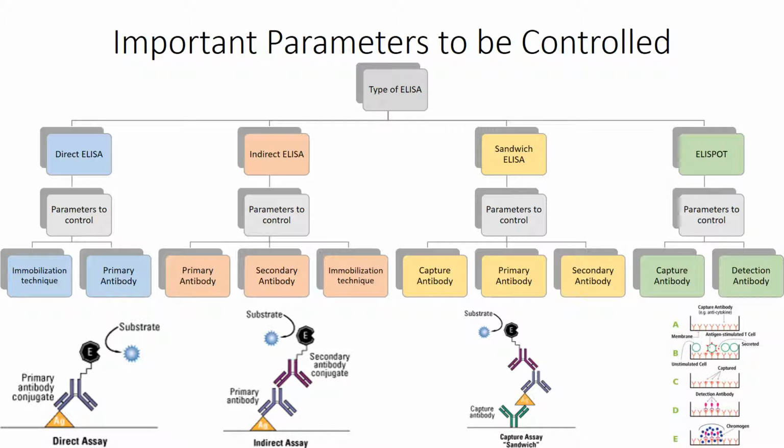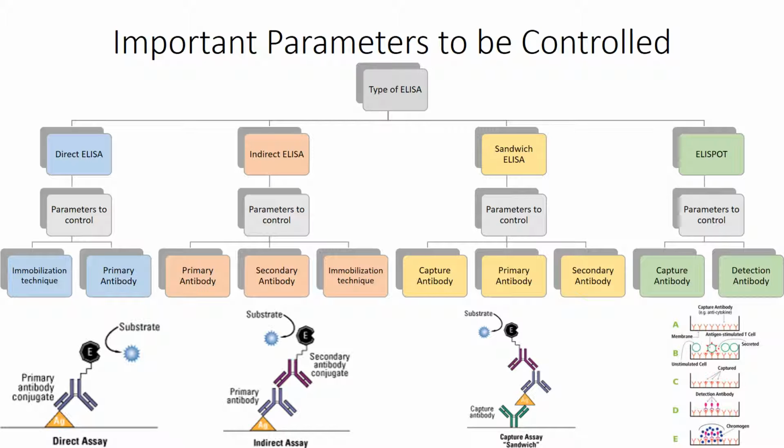Any non-specific binding here will lead to false positives, so it's really important to choose a specific antibody to your target. One of the other things you'll control for all of these is the immobilization technique for either the antigen or the antibody. You want it on the plate before you even start the test. You definitely want a lot of stable binding.